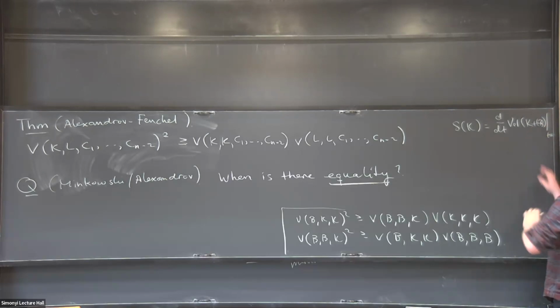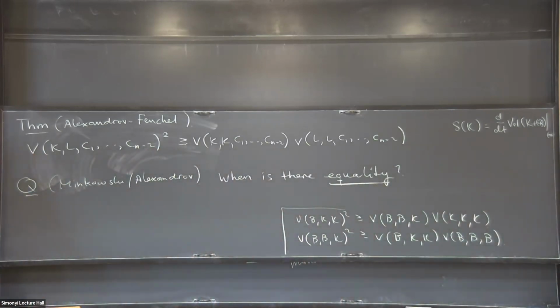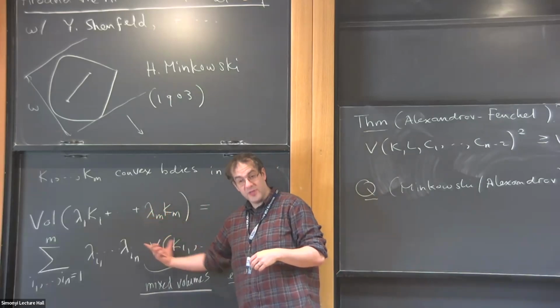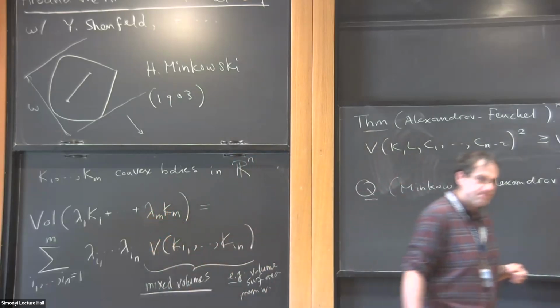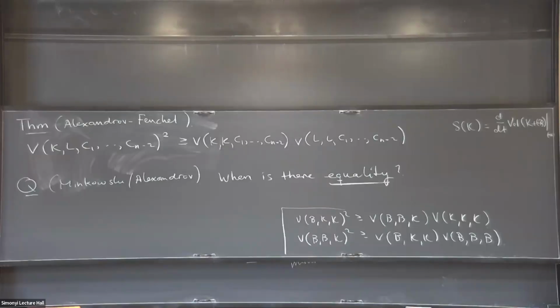So now just write it out. What is the volume of K plus tB? You just plug it into this formula over here. And you see that the surface area is just the first order term in the expansion. These are elementary facts that I'm kind of sweeping under the rug. It's not a deep fact that this gives you the surface area. Any more questions?